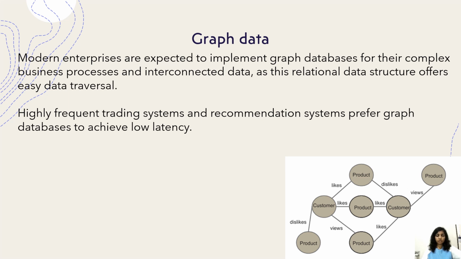Highly frequent trading systems and recommendation systems prefer graph databases to achieve low latencies. A graph database system has a basic graph, it contains nodes and a tree structure, and we can traverse through it by using different algorithms.